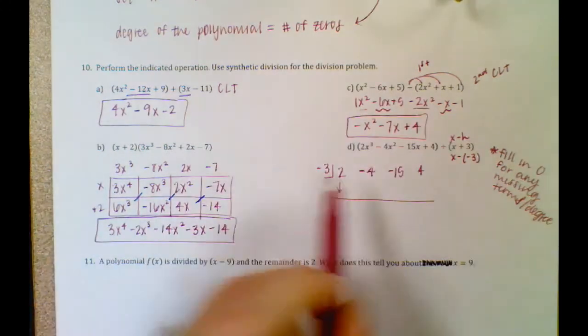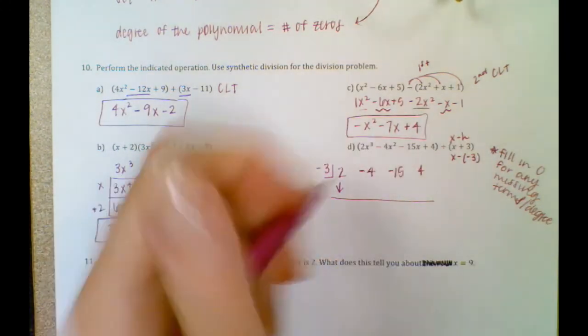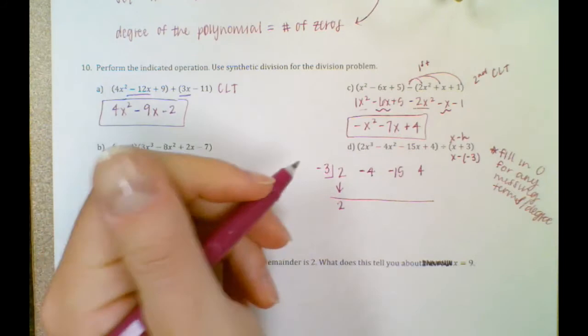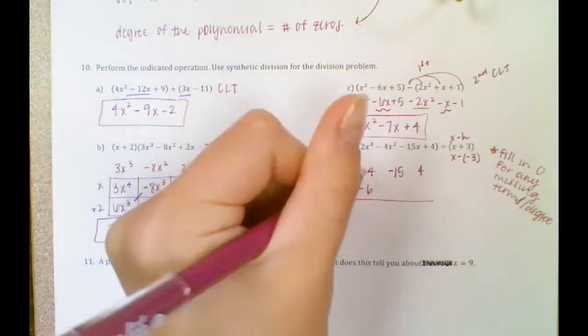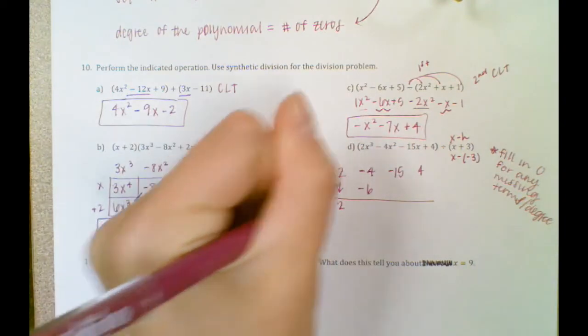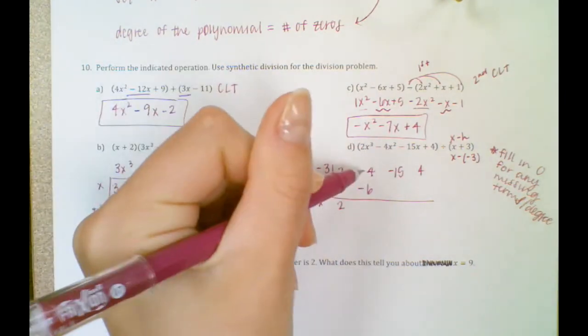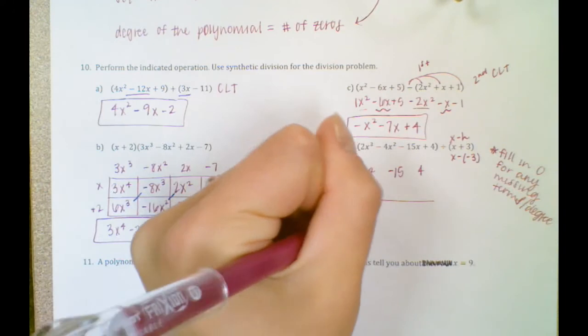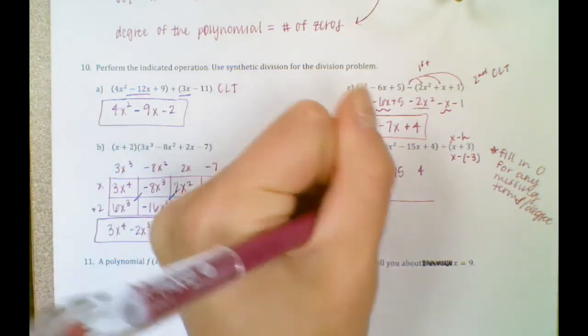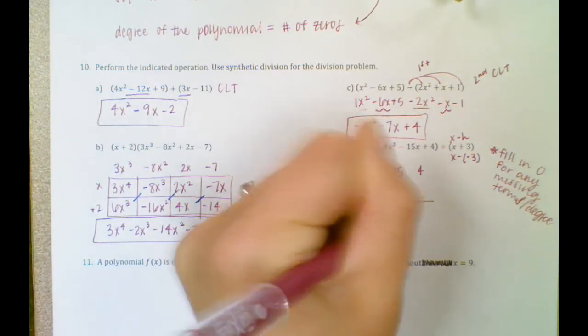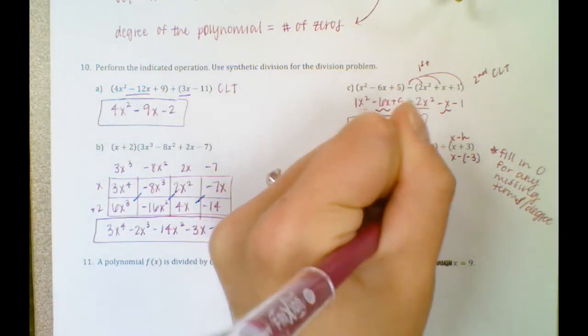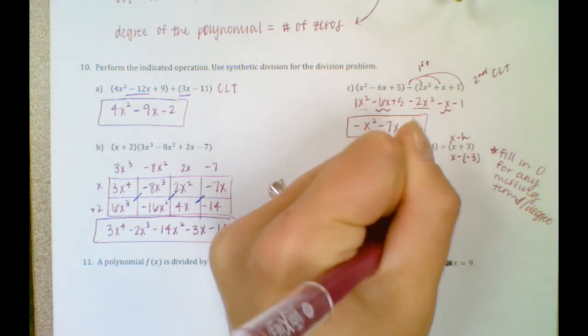Bring down the first term. Okay. Multiply, add, multiply, add. So -3 times 2 is -6. And I'm going to add these. So you multiply here, and you add here. Let's see, that's -10. -10 times -3 is 30. Minus 15 is 15. -45. -41.